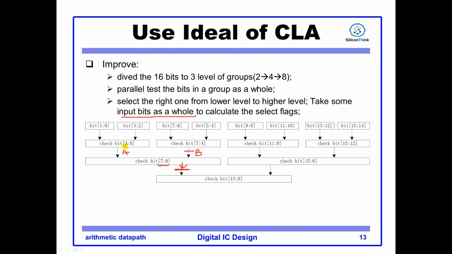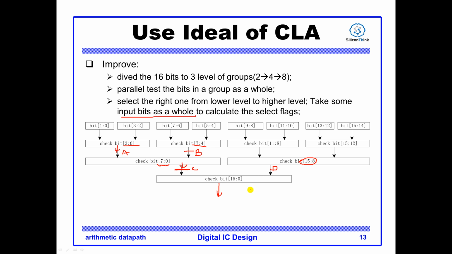You take the 4 bits as a whole to either select the result from this point or from this point. If you want to get the final result, you will take this 8 bits as a whole and choose either the C result or D result from this point.